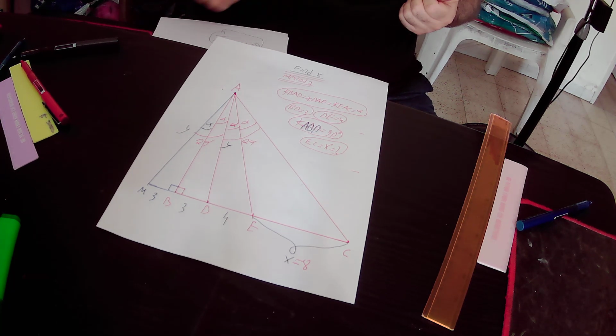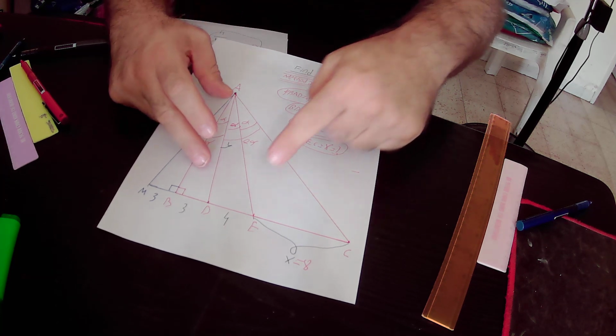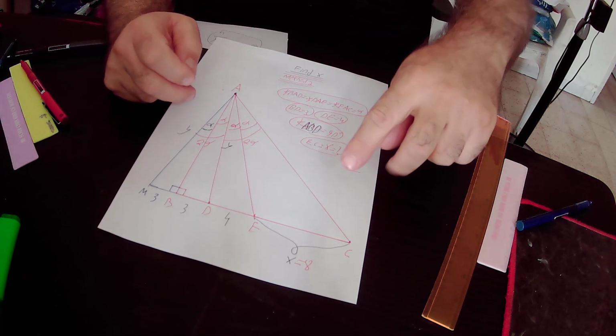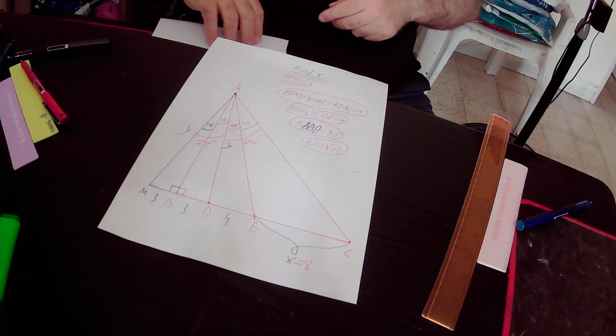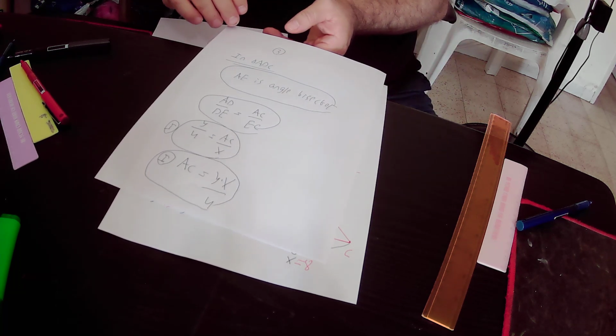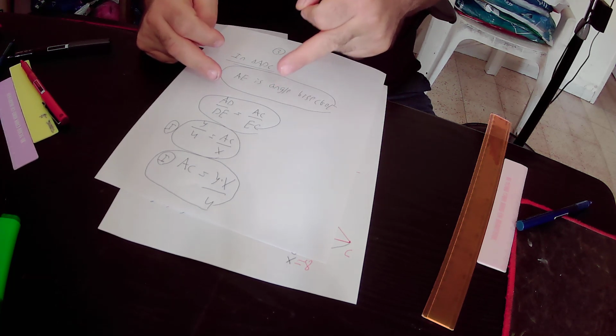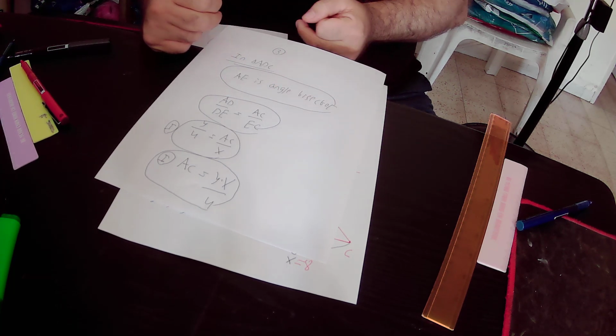The following relationship exists between the sides of triangle ADC with the angle bisector AE: AD over DE equals AC over EC.